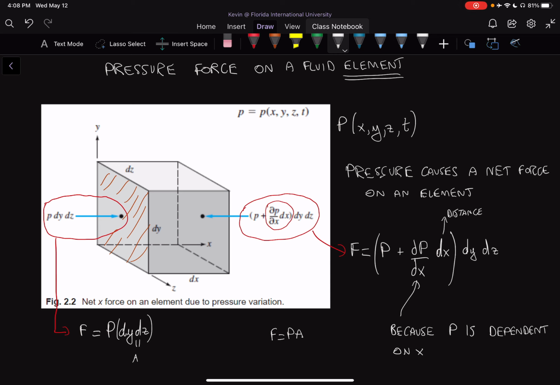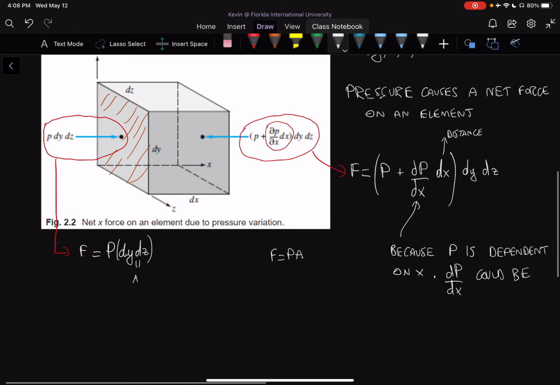Obviously this dP/dx could be equal to 0 if the element is in equilibrium of pressure.